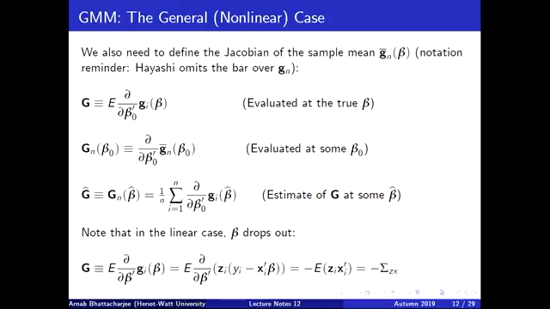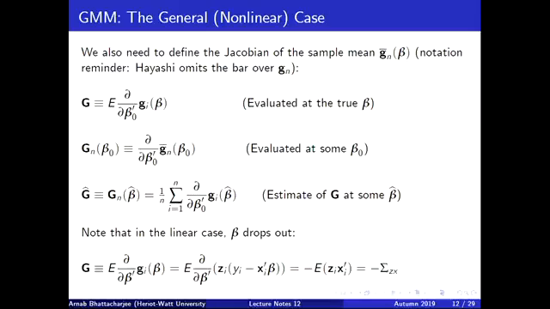The nonlinear function, we convert that into a linear function. So what does that entail? This G is a vector of partial derivatives of this set of moment conditions, nonlinear now, with respect to beta, evaluated at the true beta.